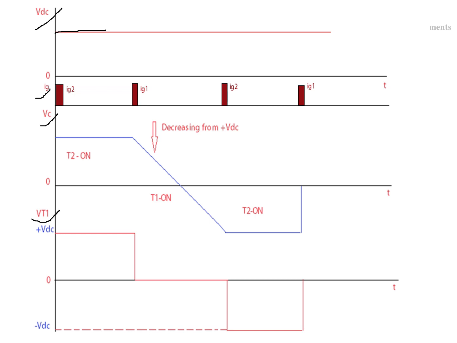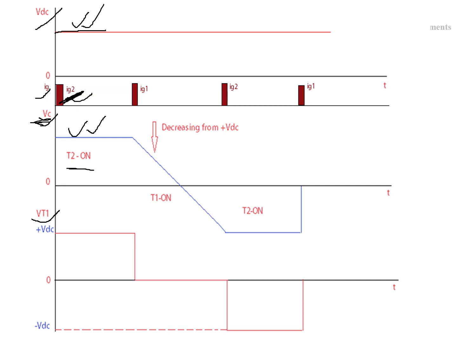Initially we are going to apply the gating pulse to thyristor T2, that is IG2. By applying the gating pulse to T2, T2 is in on state, and the same amount of input voltage appears across the capacitor.